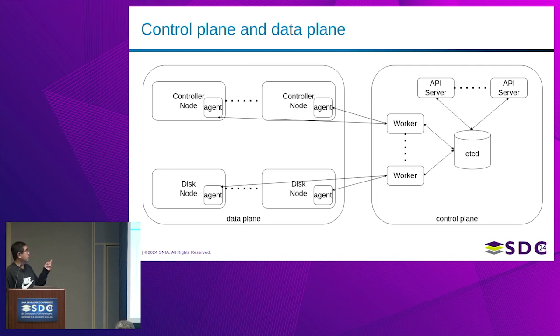All these agents, workers and API servers should be stateless. All the data are stored in the etcd. We can use the STM, the software transactional memory, to control concurrency. That is supported by the etcd. The STM is a client-side transaction. So for either the worker or the API server, when it accepts a request, it will update the etcd.